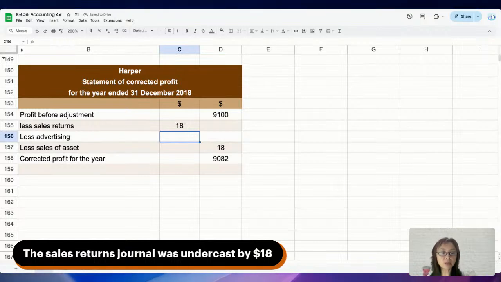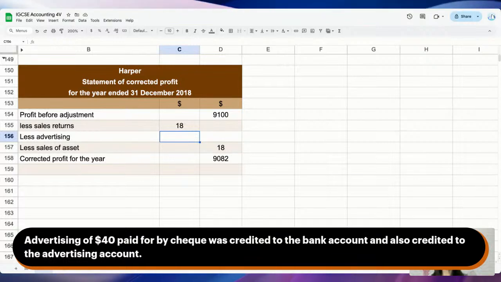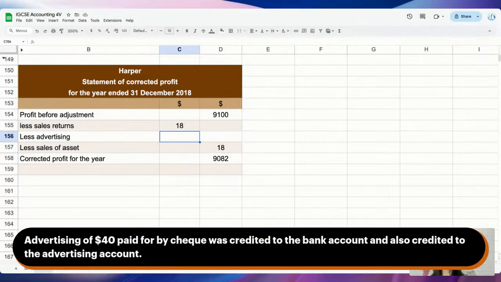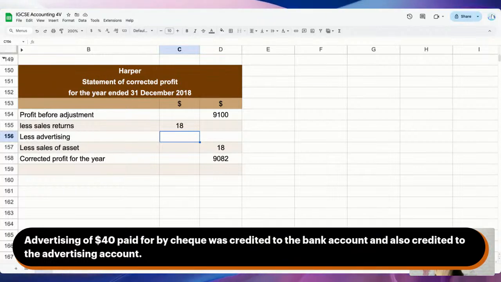Let's have a look at the second one. The second one says that advertising of 40 paid by cheque was credited to the bank account. This part is correct, because you pay your advertising fee by cheque, which reduces the bank.